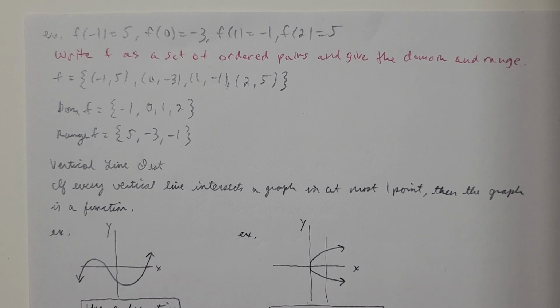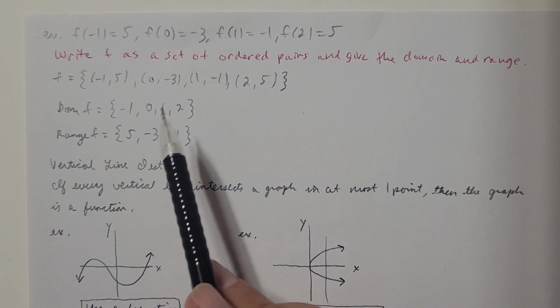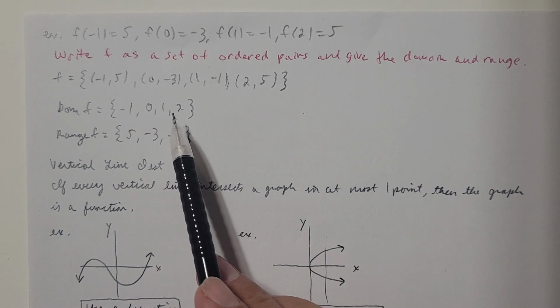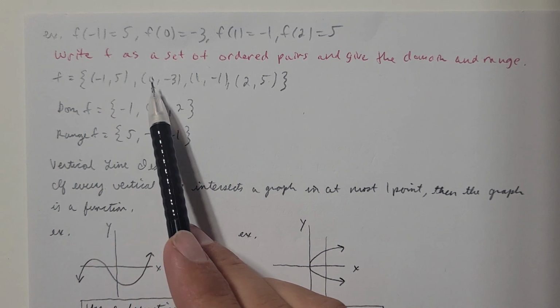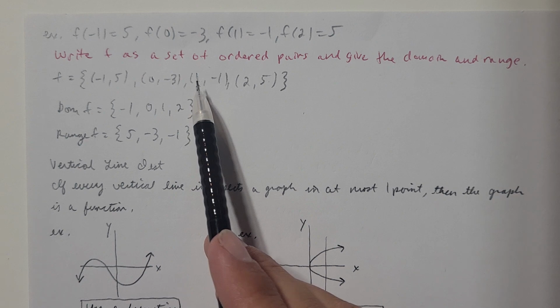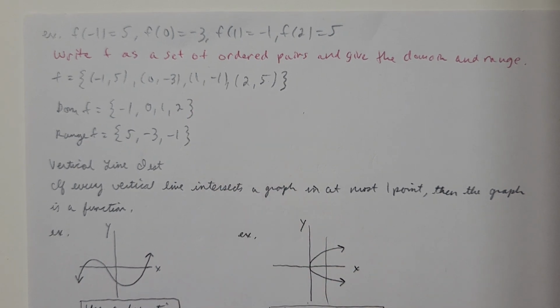We'll talk about set notation and interval notation shortly here, actually in another video. But the domain would be the set of all input values, or all the x values. Okay, so that's going to be the set containing -1, 0, 1, and 2.